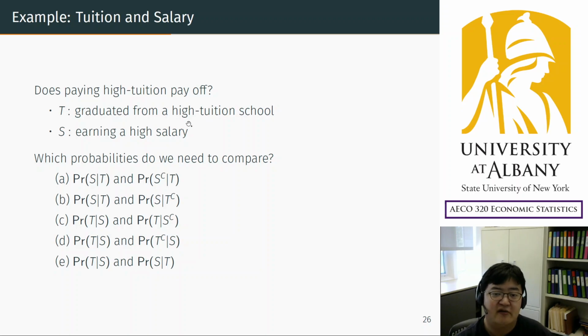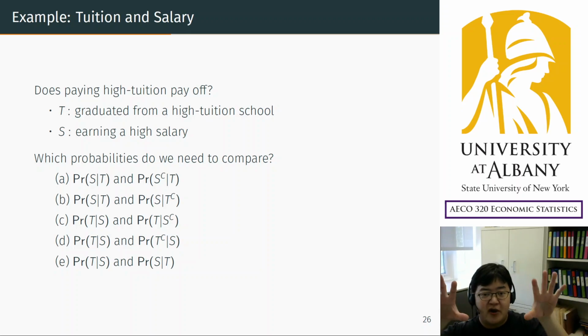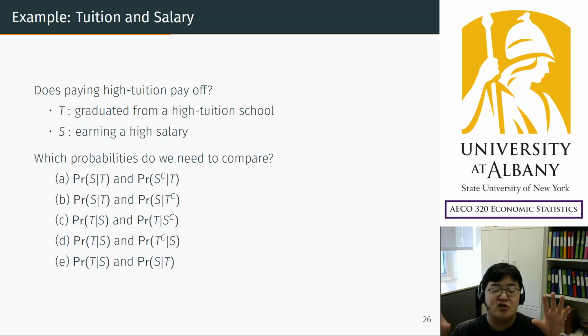Try to answer it by yourself. Okay, so if you have made up your mind, what we are going to do is compare two groups. That's what we have done. And the two groups are defined by the tuition level. So one group paid high tuition and the other group paid, say, low tuition.